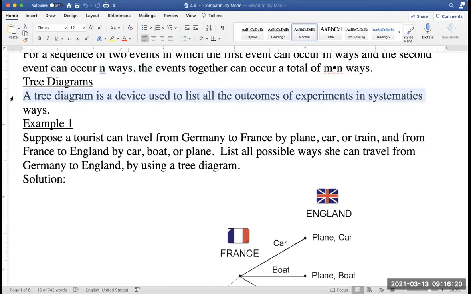So first, if the number of events is very small, we can look at their outcomes by looking at a tree diagram.